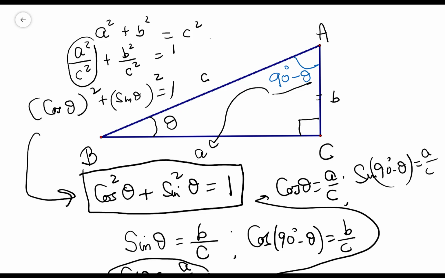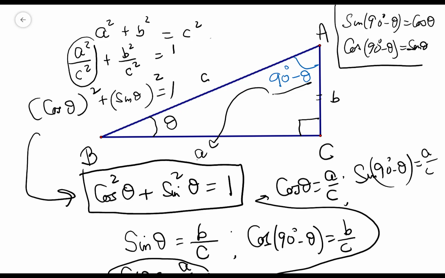So here are two identities that we have: sine of 90 degrees minus theta is the same as cosine theta, and cosine of 90 degrees minus theta is the same as sine theta. And we shall use it every now and then.